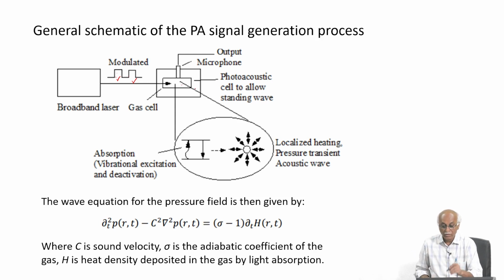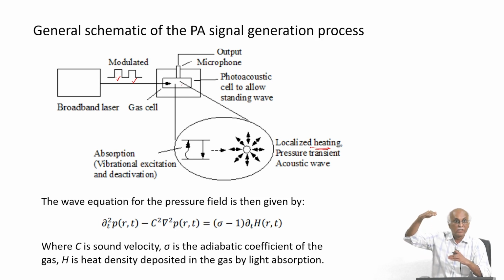What will happen? The gas molecules will undergo transition, they will go to an excited state, and they will come back. When this process is happening, due to molecular vibration, absorption, and localized heating come into picture. It is because of the light absorption: molecules absorb some amount of light and get excited.